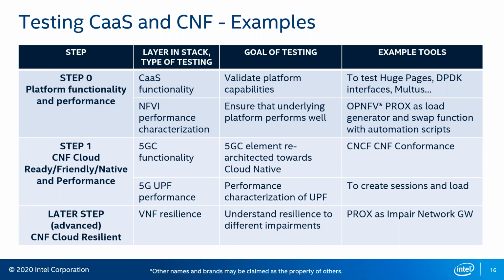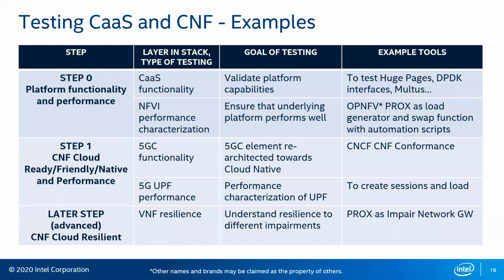Step one is to put some CNF, so cloud native network function, on top of it, and first check the functionality. There is a really good team and progress made in the CNCF community called the CNF conformance program.